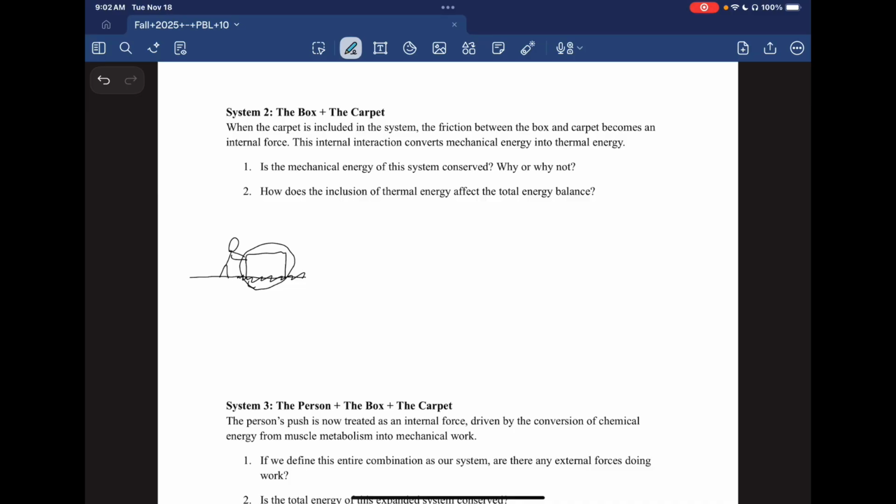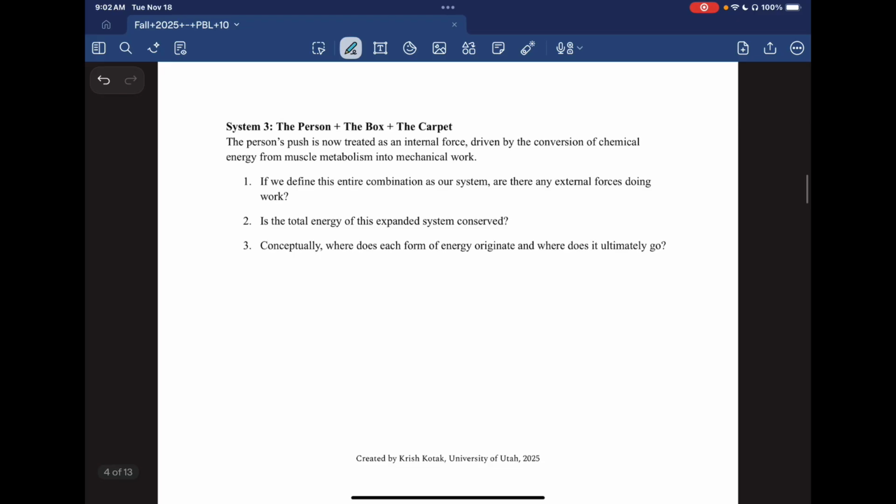It converts mechanical energy into thermal energy, which is non-mechanical. So by including the carpet, we can now account for heat generated by friction. Energy of the system is now mechanical energy plus thermal energy. So previously it was just all mechanical energy, and now it is E mechanical, which is going to be the person pushing, plus E thermal, which is going to be the friction.